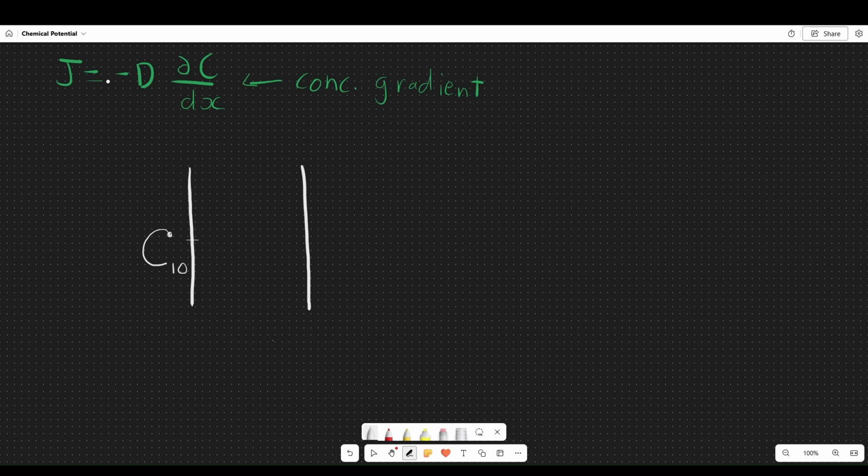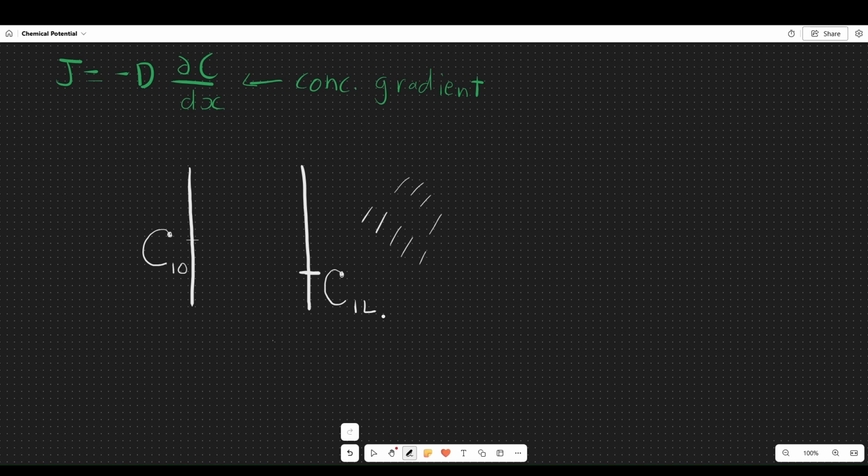The zero just states that it's at z equals zero in our coordinate axis. And I have another concentration on this side, the concentration in this solution all the way on the right, and let's say that this solution has a concentration of C1L.